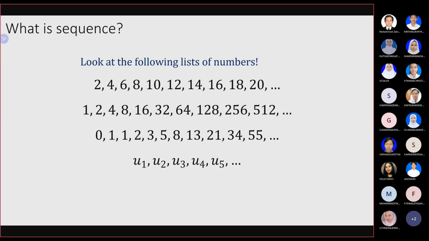So from this list of numbers, can you guess what is a sequence actually? What is a sequence? Ini tiganya maksudnya one sequence? Enggak, ini beda-beda. Oh, yeah, the first one itu, barisan aritmatika, sir, itu plus 2 dari different-nya.